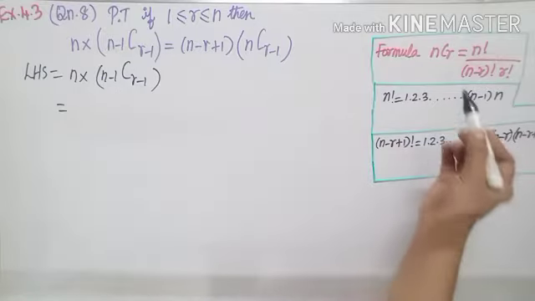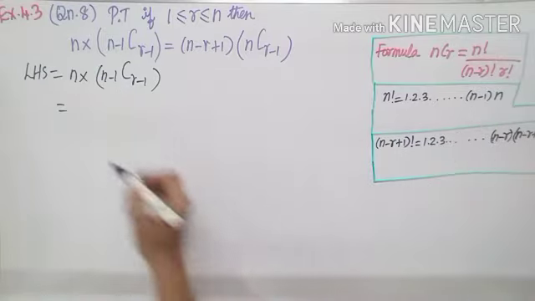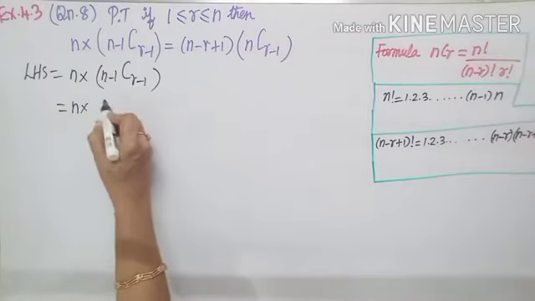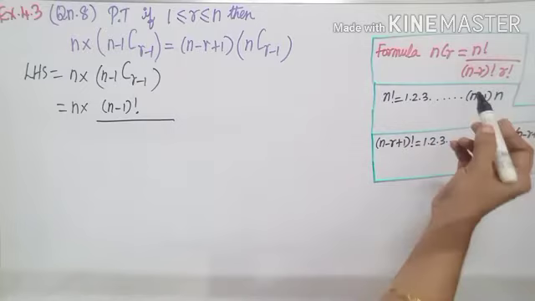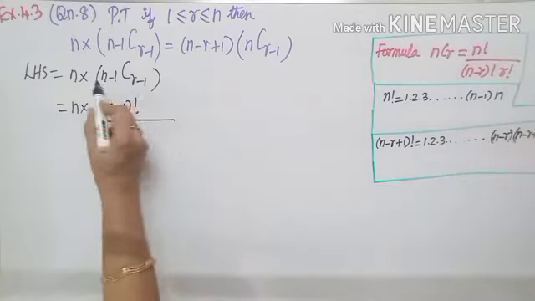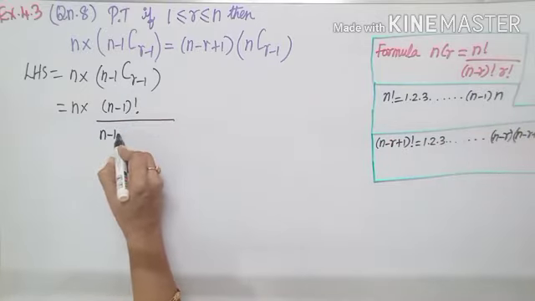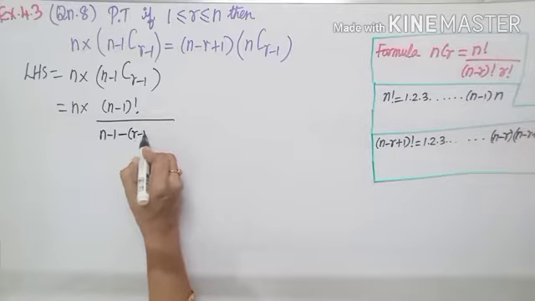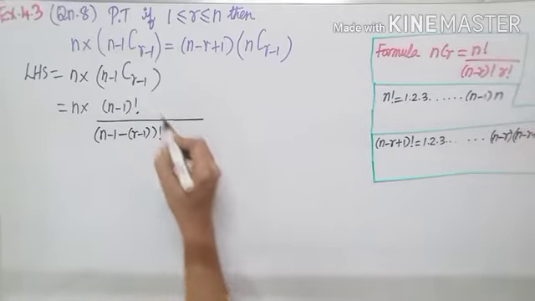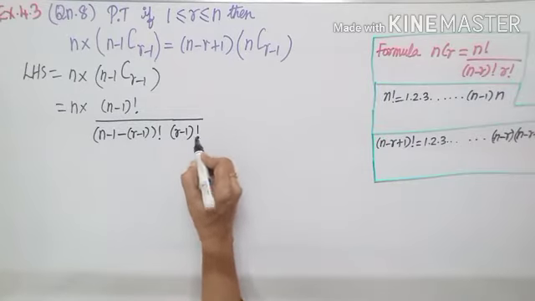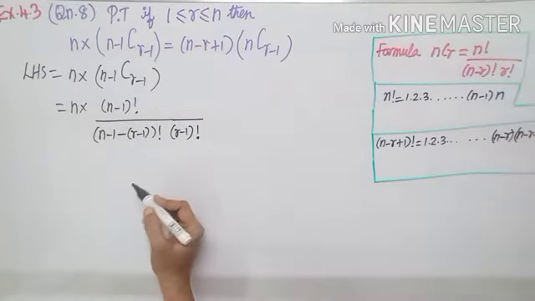Apply the formula nCr: n minus 1 factorial by n minus r, subtract n minus 1 minus r minus 1 factorial into r minus 1 factorial. So we just apply the formula.